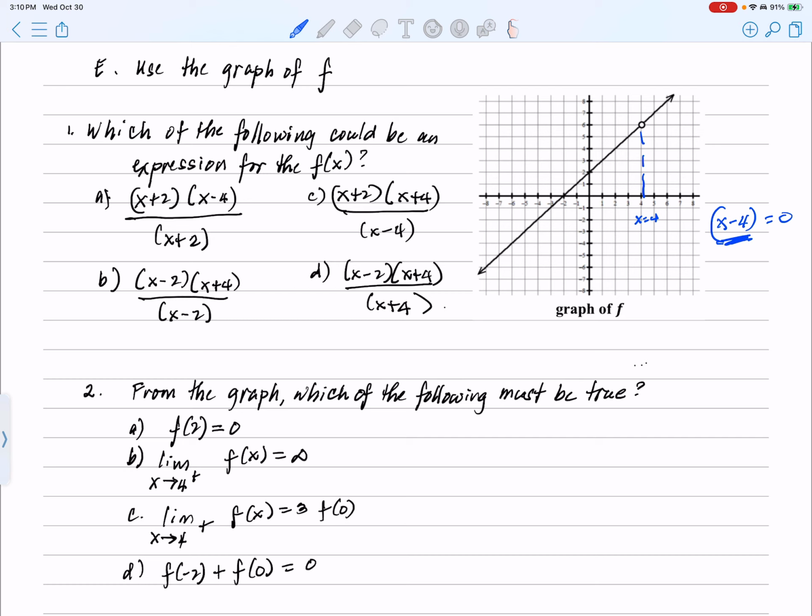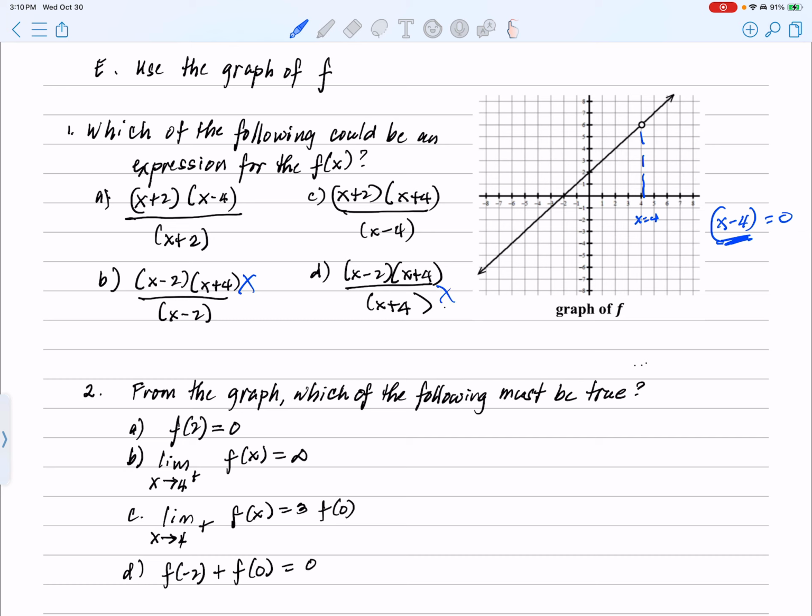So if we try to look at our choices here, okay, in A, we have an x minus 4. In B, no. So we can eliminate right away. In C, we have x minus 4 in the denominator. While in D, we have no x minus 4.